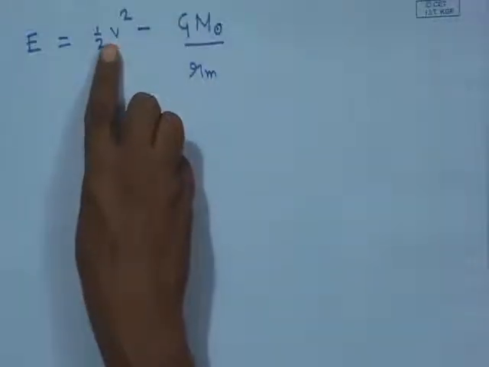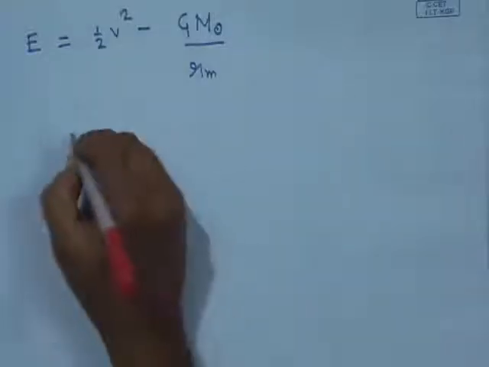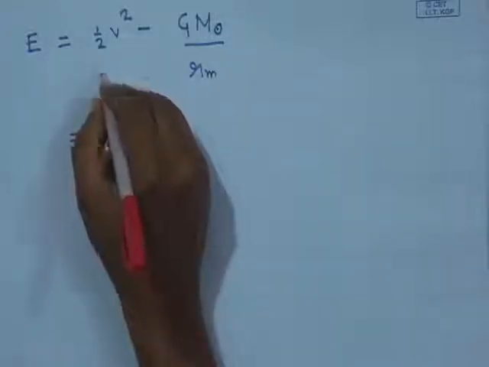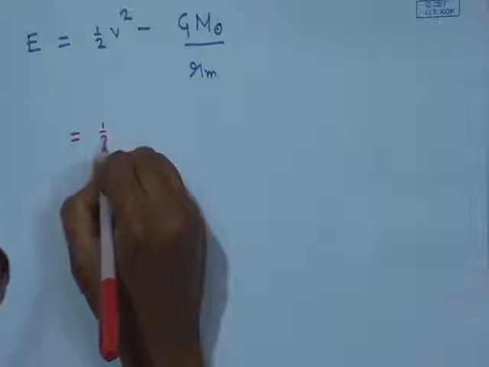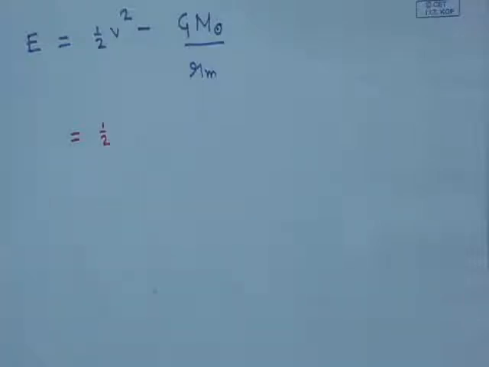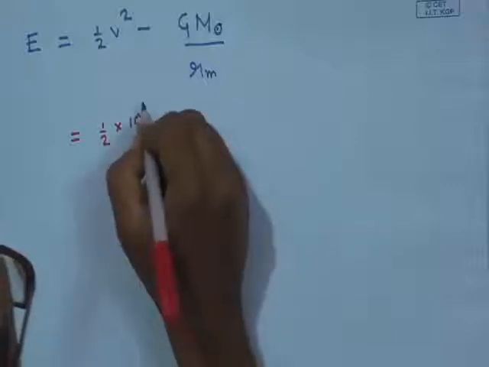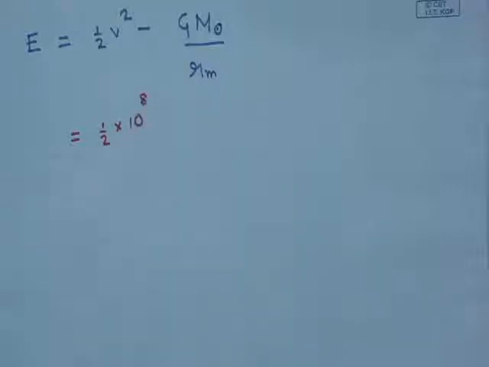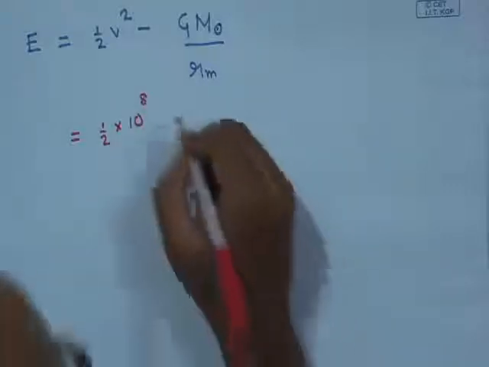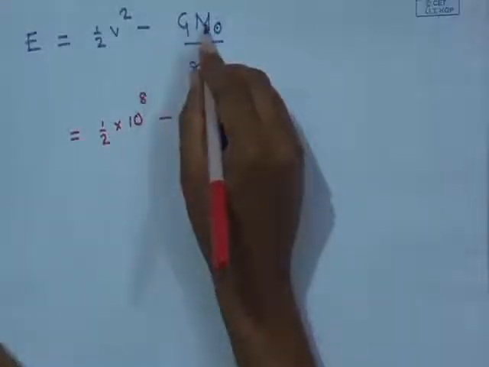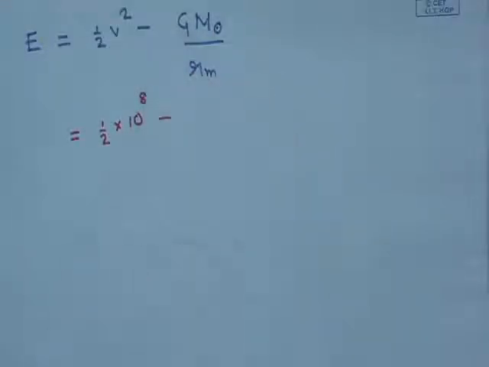this is going to be half, and I have 10 kilometers per second. So, half into 10 to the power 4 square, that is 10 to the power 8 in SI units, minus G into the mass of the sun by the minimum distance.